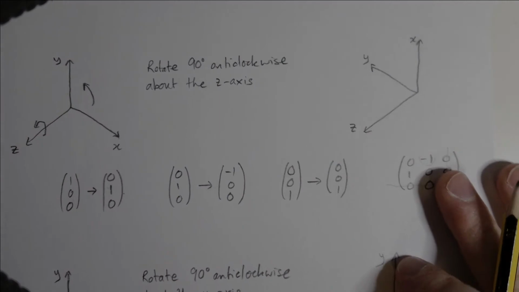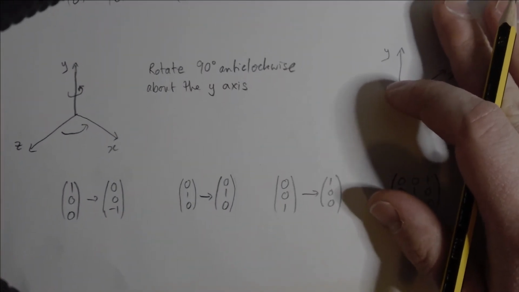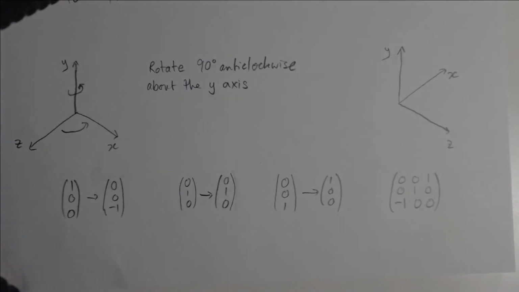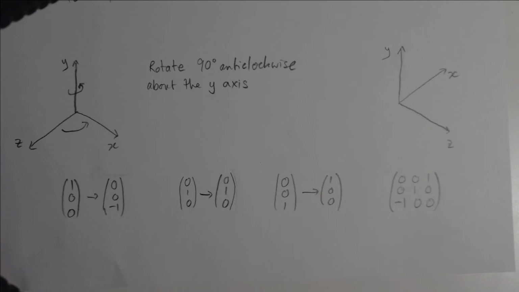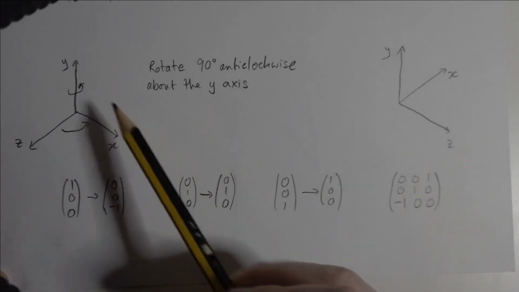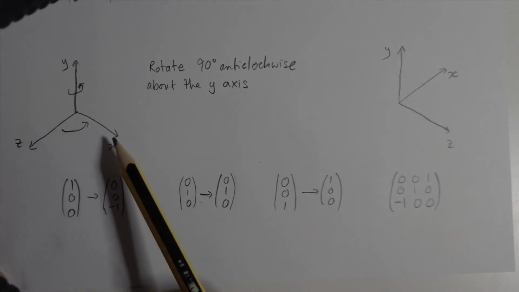And here's why y is a little bit different. It turns out that the appropriate direction for anti-clockwise is from z towards x. Okay, from z towards x. And so when you do that, y stays the same, so that's not surprising. What used to be, let's do the x.